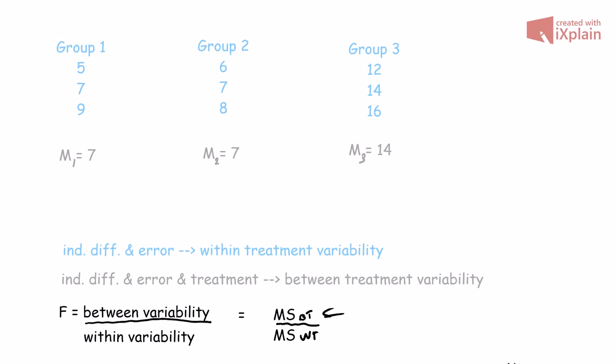And this is the average treatment effect. And by dividing the average error into the average treatment effect, we're going to end up with one number that indicates the size of the overall difference among the different treatments. And if that is big enough, we're going to reject the null.